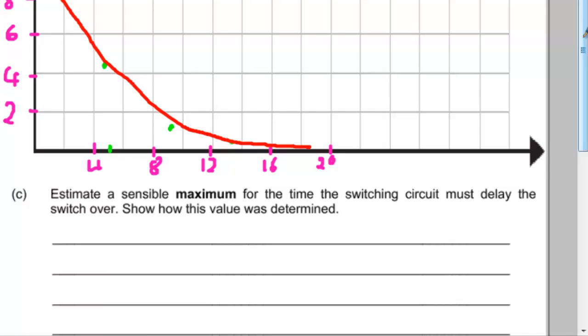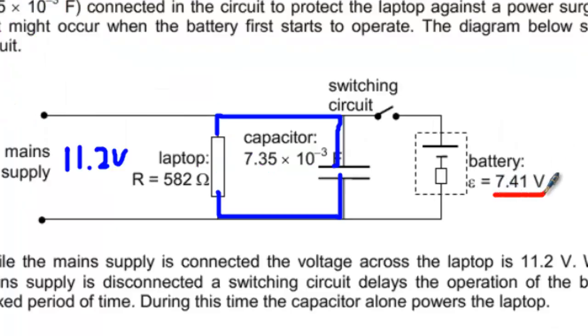Question C, estimate a sensible maximum for the time the switching circuit must delay the switching over, and show how this value was determined. Well, if we look back in the previous question, we can see that the battery needs 4.71 volts across it. So when the capacitor is supplying 7.41 volts, then the switching circuit should come on.